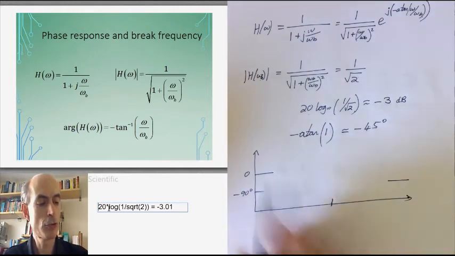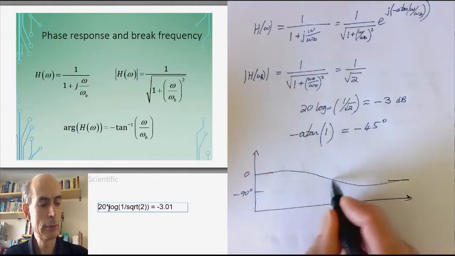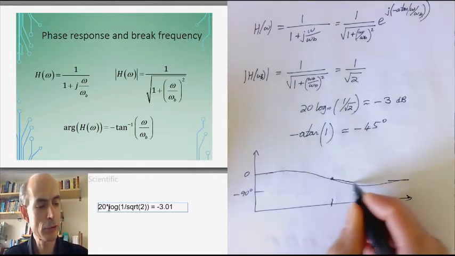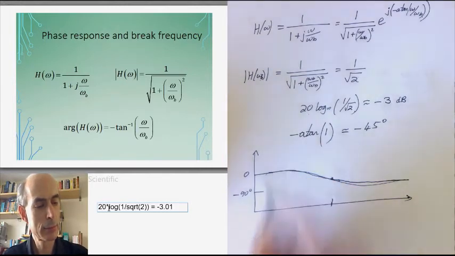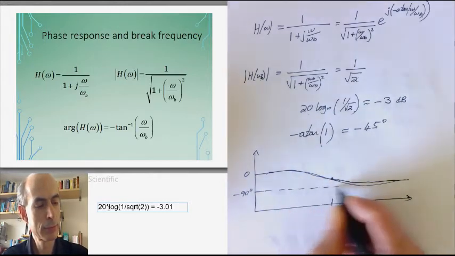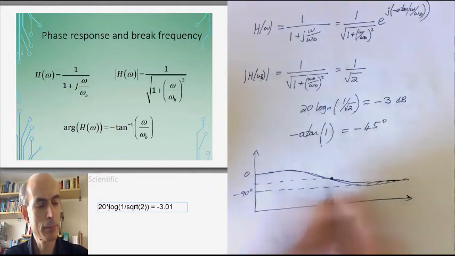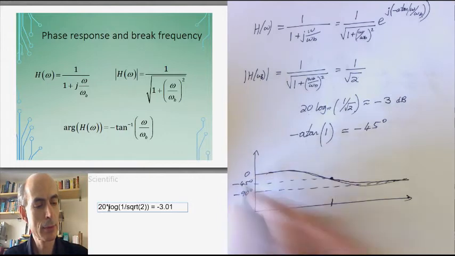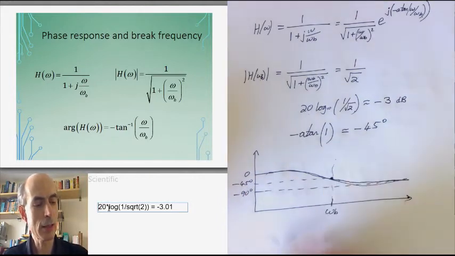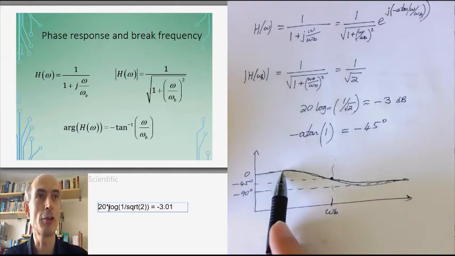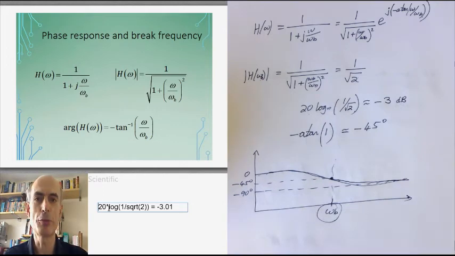So you've changed by exactly half. Oops, not a very good drawing, sorry. You've changed by exactly half of the total change in the phase from 0 to minus 90 at the break frequency.